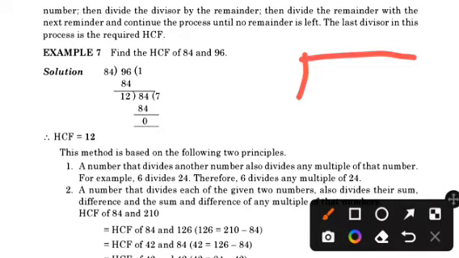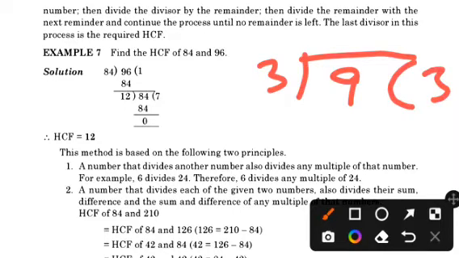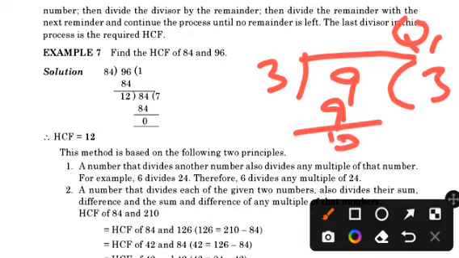If we are given a number 9 and asked to divide it by 3, the number 9 is known as the dividend, 3 is known as the divisor, and the number we multiply by to reach 9, which is 3, is known as the quotient, and here is the remainder.